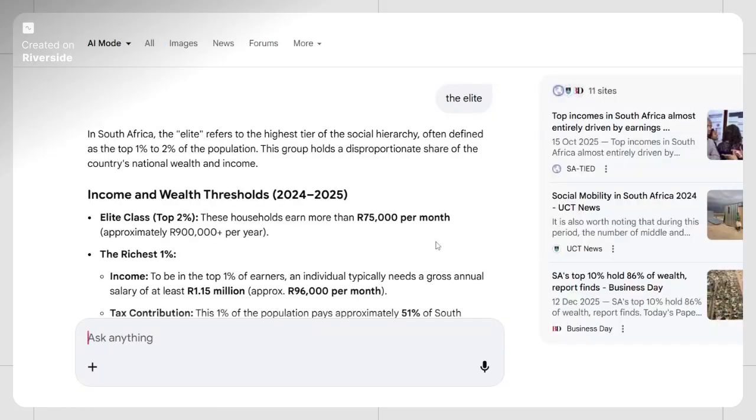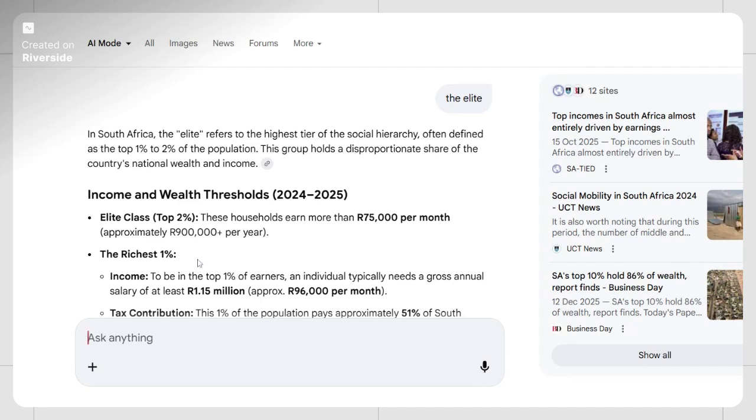In South Africa, the elite refers to the highest tier of the social hierarchy, often defined as the top one to two percent of the population. This group holds a big share of the country's national wealth and income. These households earn more than 75,000 rand per month, approximately 900,000 per year.